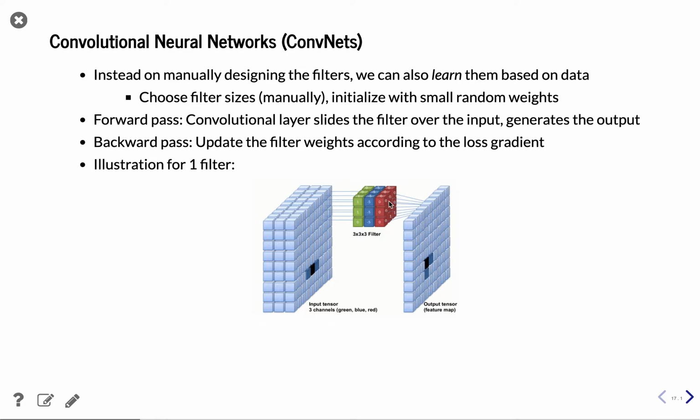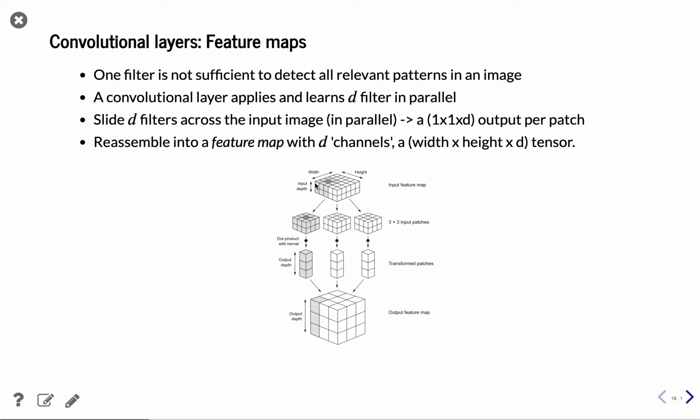Okay, now we will do this not for one filter. So here we have one filter. Instead of doing one filter, we'll take many filters. Say that this is our input image. So here we have two channel inputs. We have a width and a height. Again, we take a patch, like we take a 3x3 patch in this case, and we move that over the image.